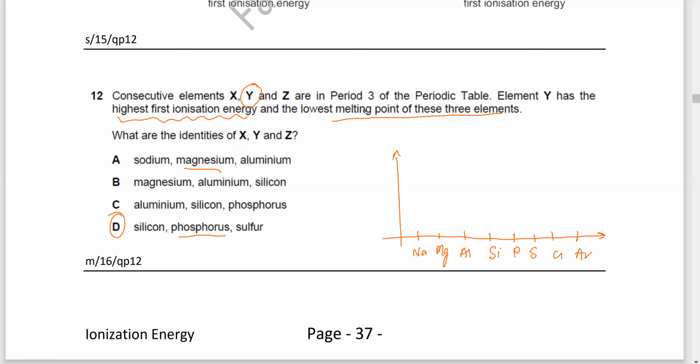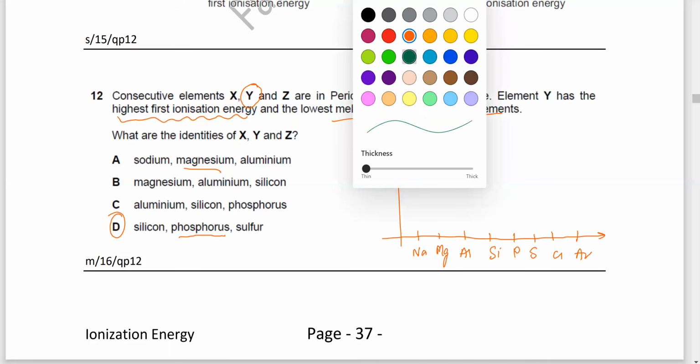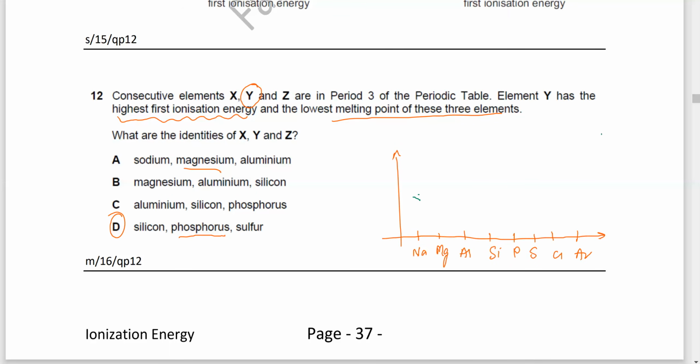So the graph sketch of melting points is like this: the first three are metals, so the melting points are kind of high. Na isn't really high because Na is a group 1 metal. Silicon is a giant covalent structure, so like diamond, its melting point is really high. Then phosphorus is a simple covalent molecule. Sulfur is a covalent molecule as well. Cl is a covalent molecule, and argon is a monoatomic gas.